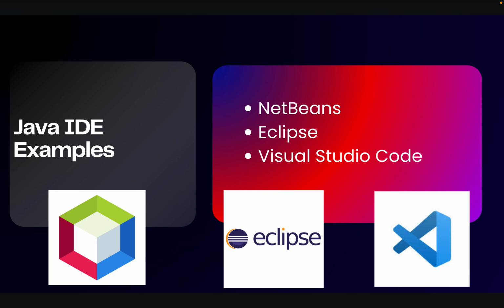So some examples of Java IDEs are NetBeans, Eclipse, and Visual Studio Code. Now, NetBeans and Eclipse are strictly for the Java programming language, whereas Visual Studio Code is more of an IDE that allows you to work with more than one programming language.